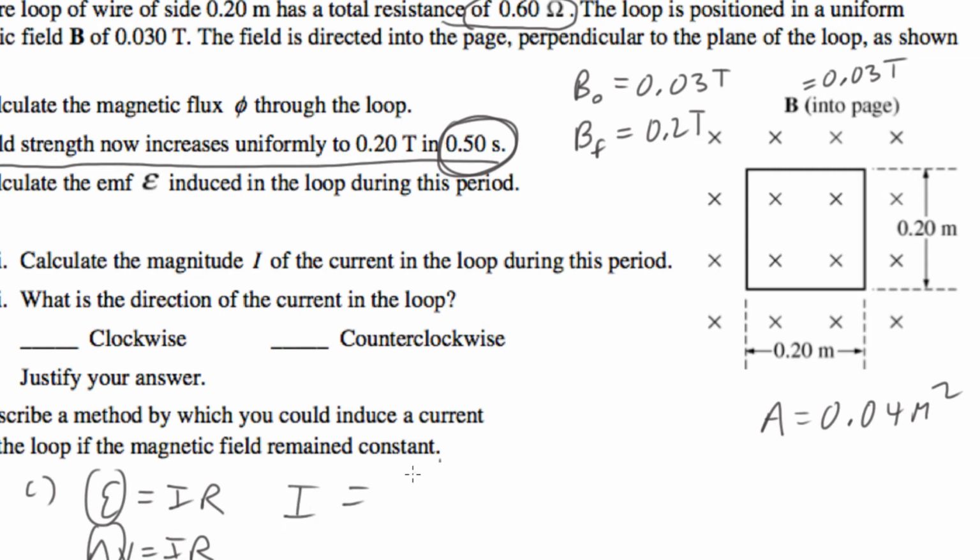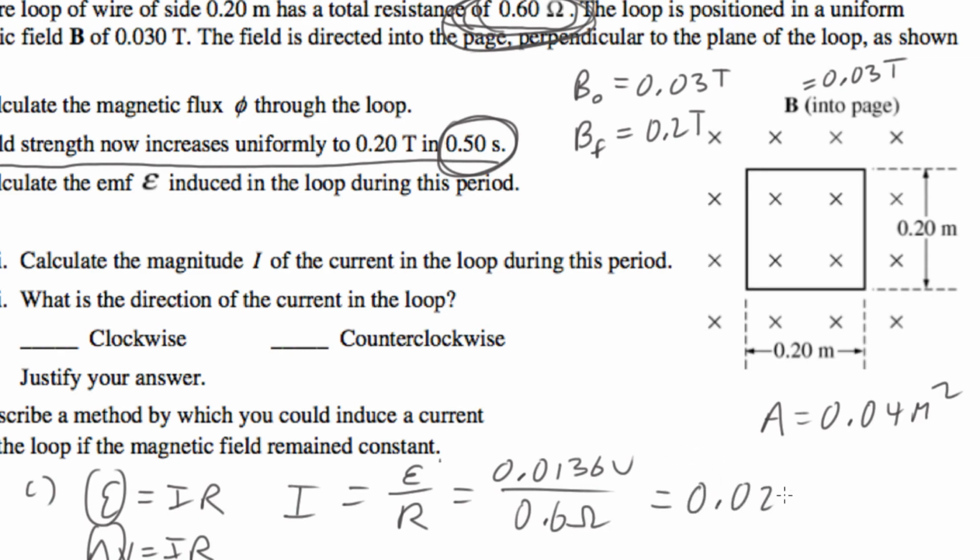So I is going to be our induced voltage over the resistance, 0.0136 volts, divided by the resistance, which is given right here, 0.6 ohms. So we get an induced current of 0.0227 amps.